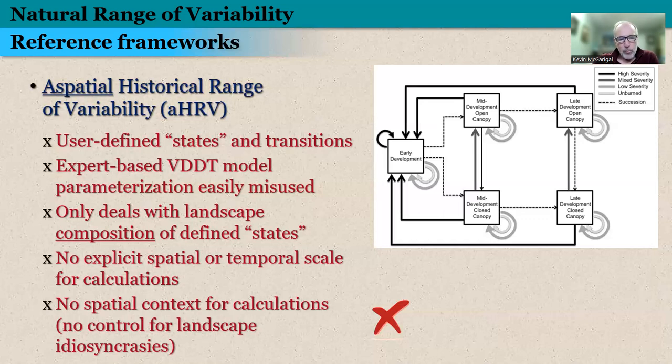There's also no explicit spatial or temporal scale for the calculations. And as we've talked about at length in previous talks, NRV, like any landscape pattern analysis, is entirely scale dependent. And because we can't really assign a scale to the analysis for this approach, it's really difficult to know what the NRV means because it's agnostic to scale.